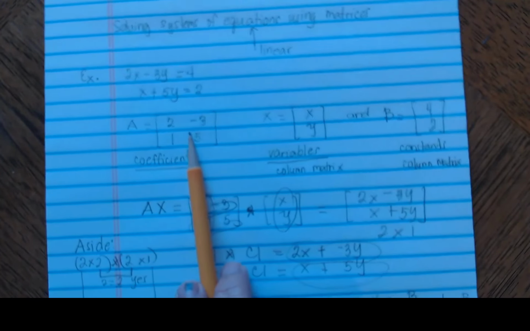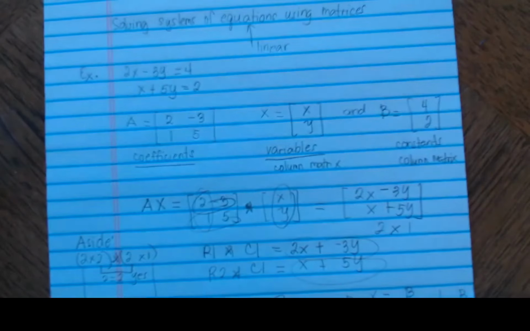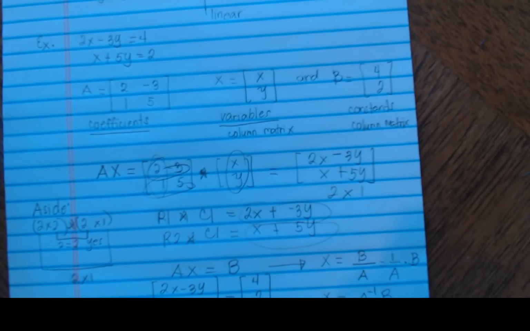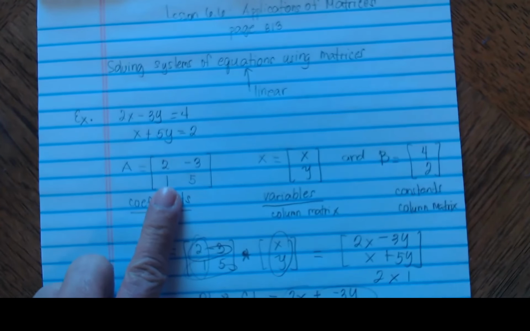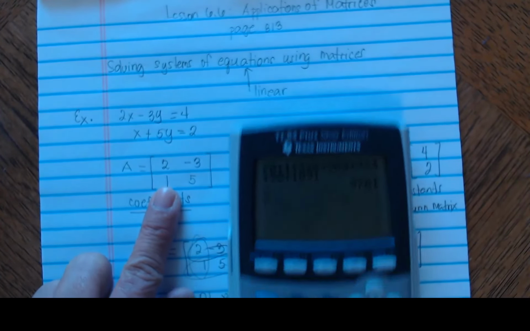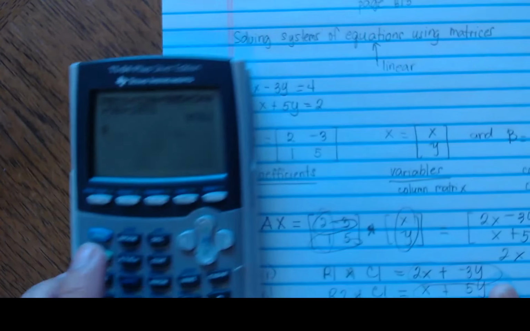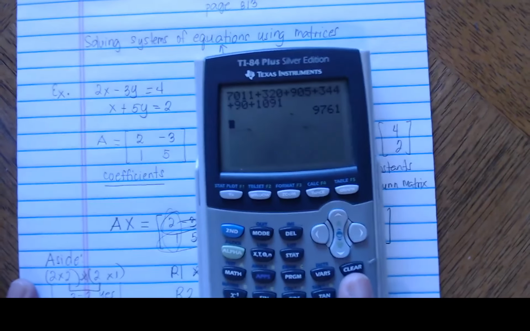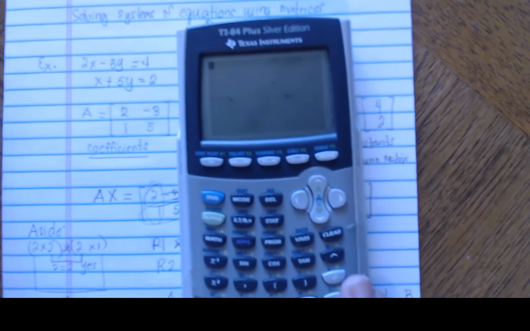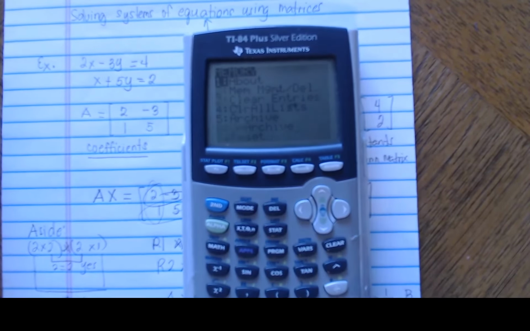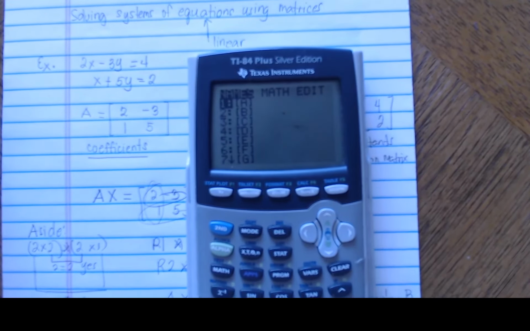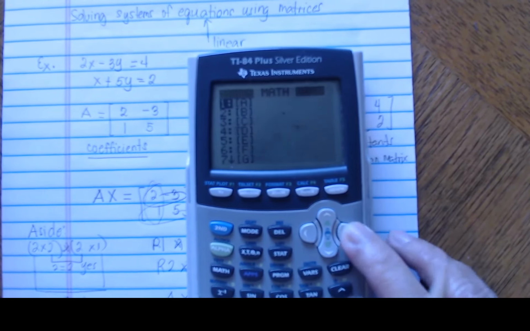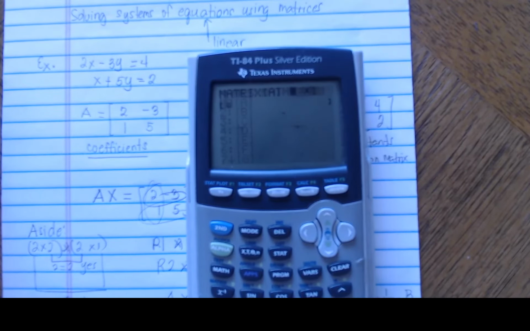So we need the inverse of A first. Get your calculator. A is this one. Press second plus, 7, 1, 2, go to matrix, then you're in matrix A. Edit the matrix.